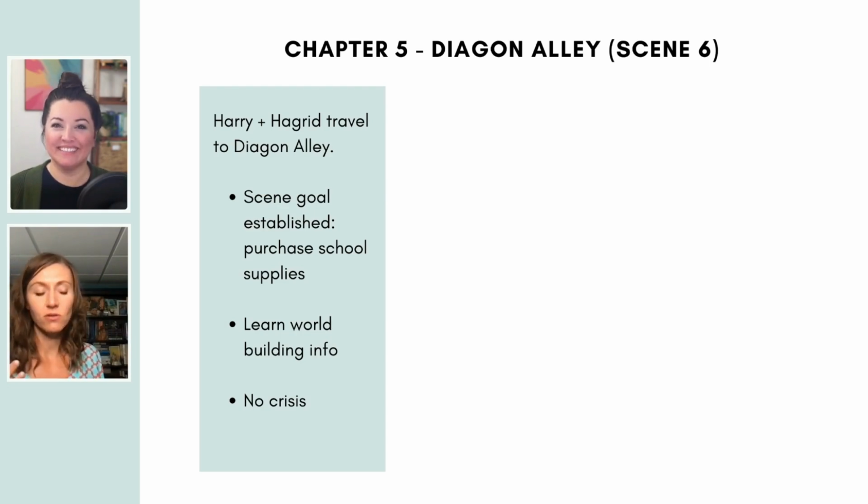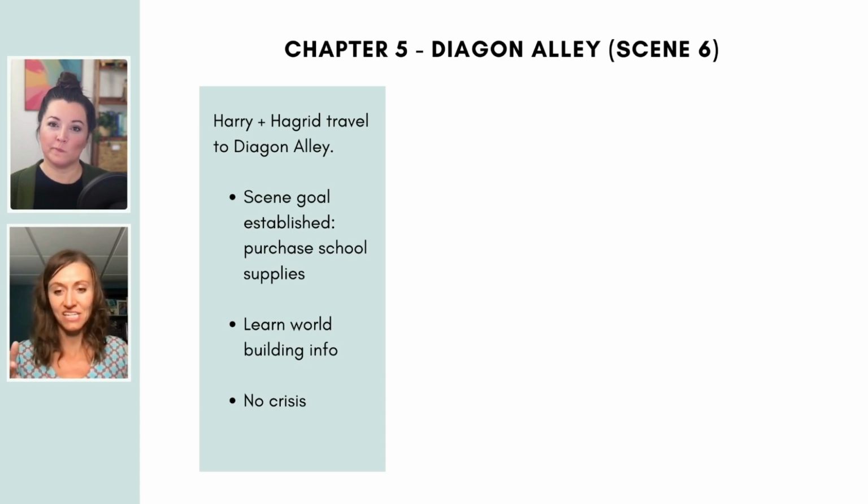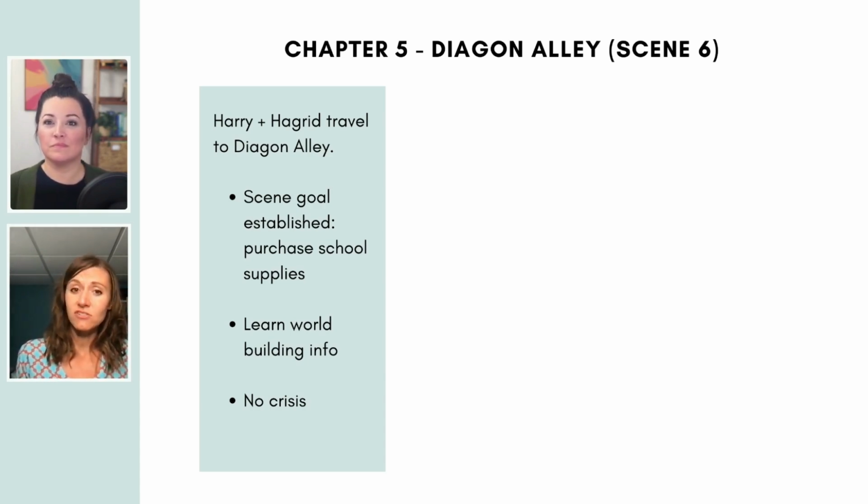We also learn how the currency works, and that is a layer of world building. We understand that galleons are the most valuable of the coins, and then we have sickles and knuts, and you're learning how many are in each. Do you need to know that information and understand currency to a political or economic level in order for us to really enjoy the wizarding world?